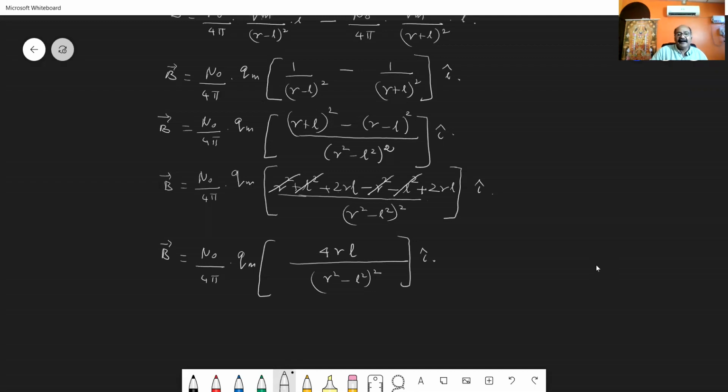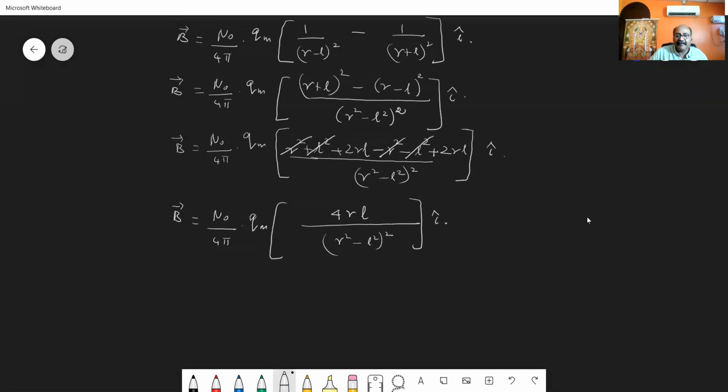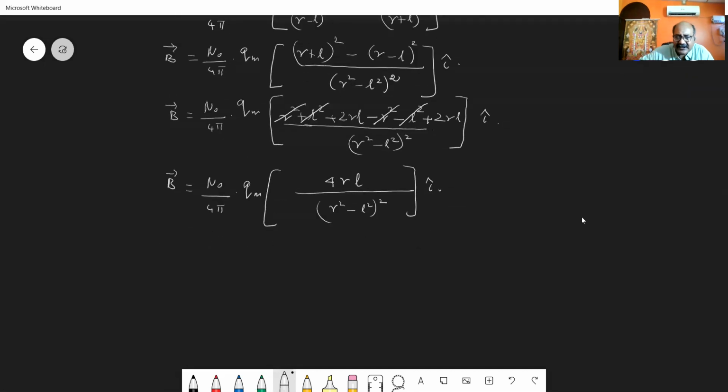So how can I simplify this again? Say I am writing this and rearranging. B vector equal to mu 0 divided by 4 pi into QM into, instead of this 4RL, I am writing 2R into 2L divided by R square minus L square, the whole square.